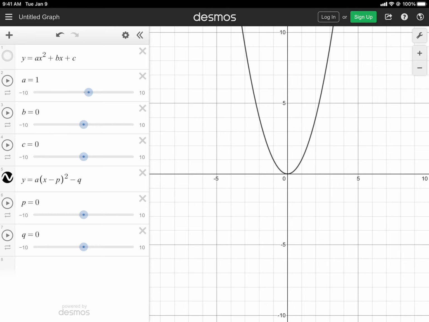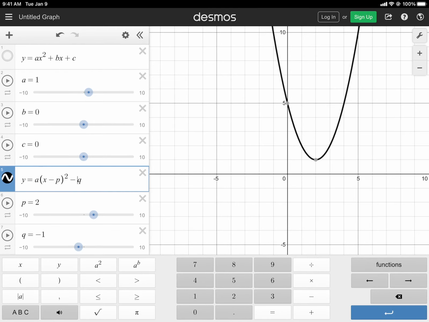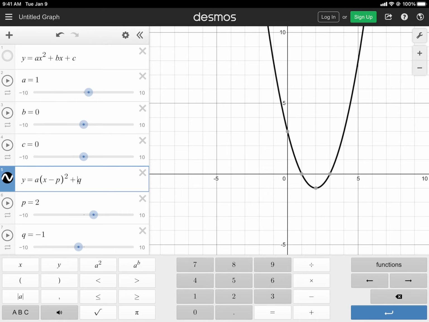And so if we set our vertex to be what we found it to be, which was 2 and 1, or rather -1, you can see the graph right now. Pardon me, I put minus q instead of plus q at the end here. There we go.